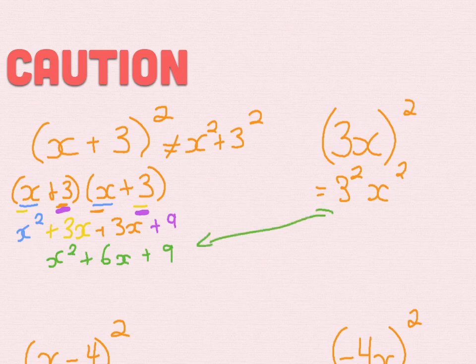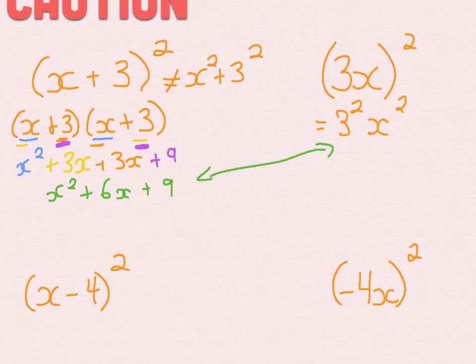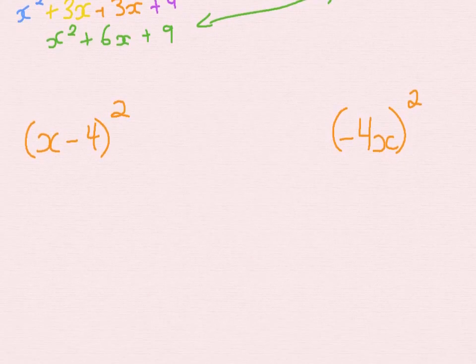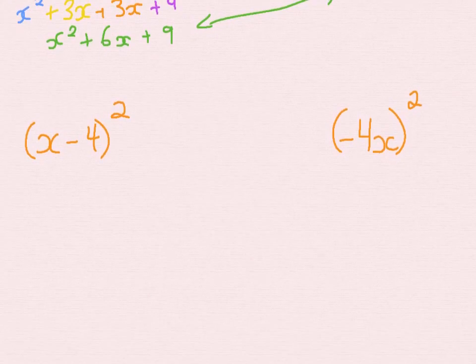So completely different, right? Down here is another example. This example here, in this case, because we have a negative or a subtraction going on, does not equal x squared minus 4 squared. That's bad.